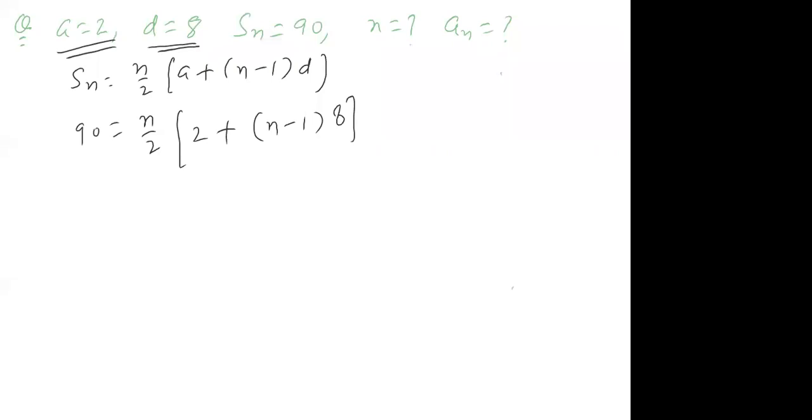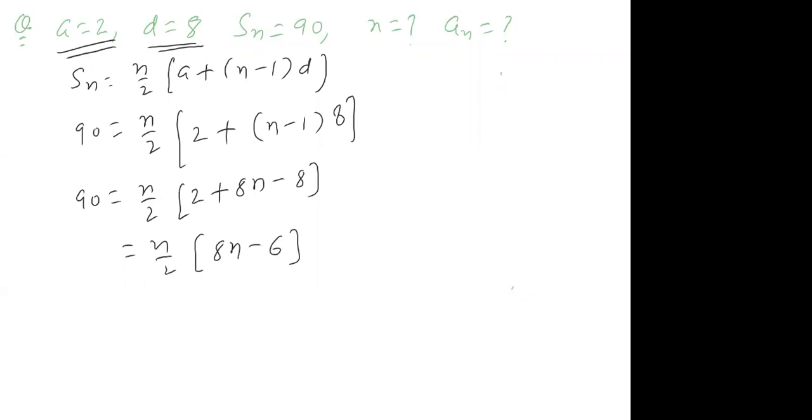Just put these values. So 90 is equal to n upon 2 into 2 plus 8n minus 8. So this is n upon 2 into 8n minus 6. Now 2 you take outside, 4n minus 3. So this 2 will cancel.